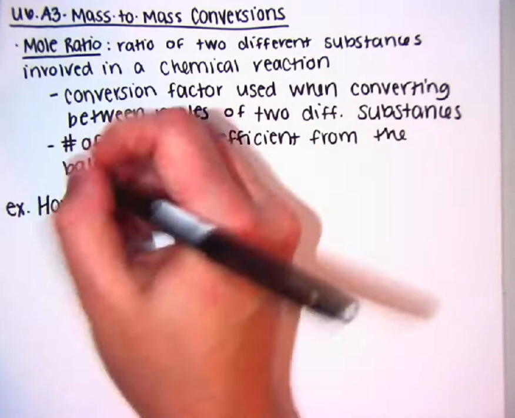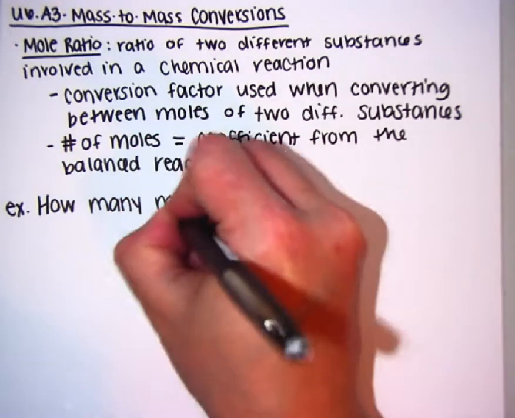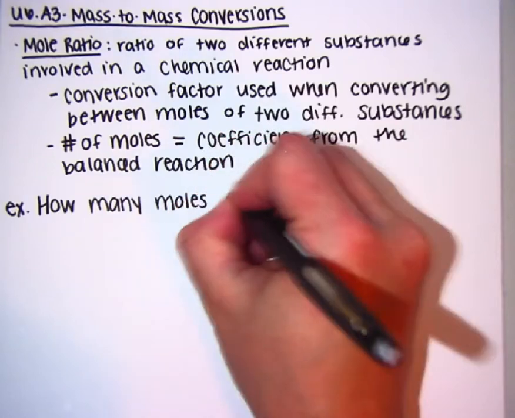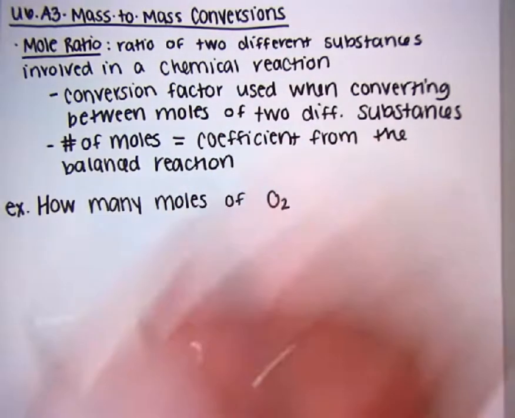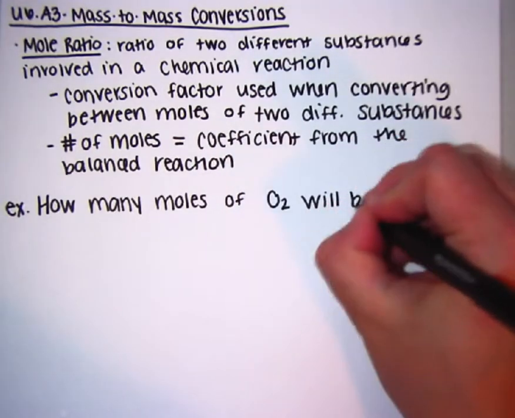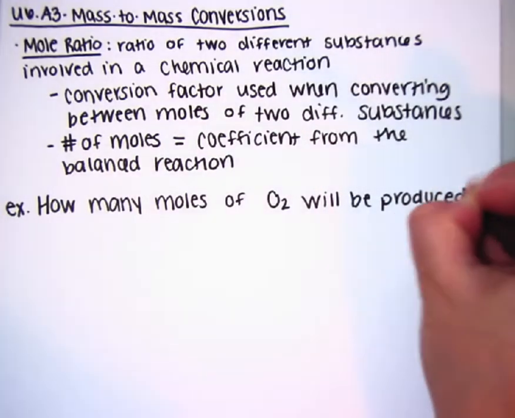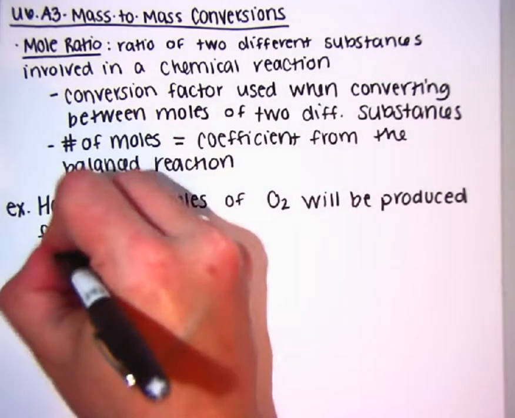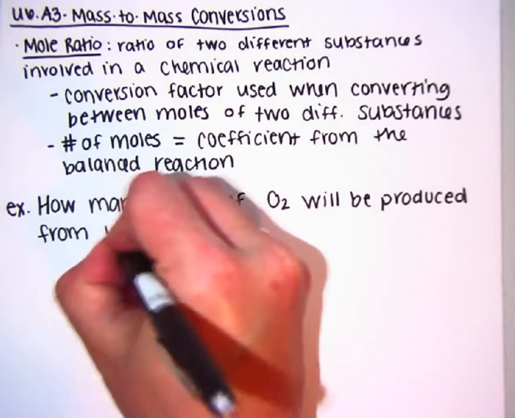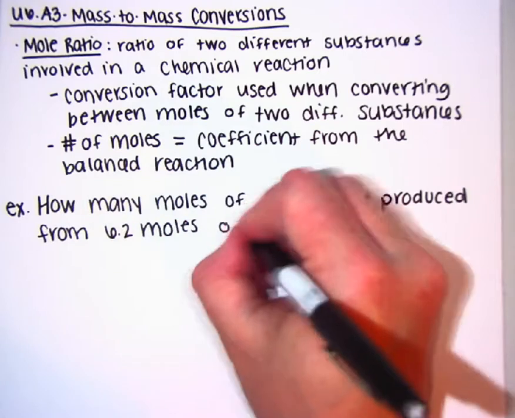Let's say you were asked, how many moles of diatomic oxygen will be produced from 6.2 moles of water.